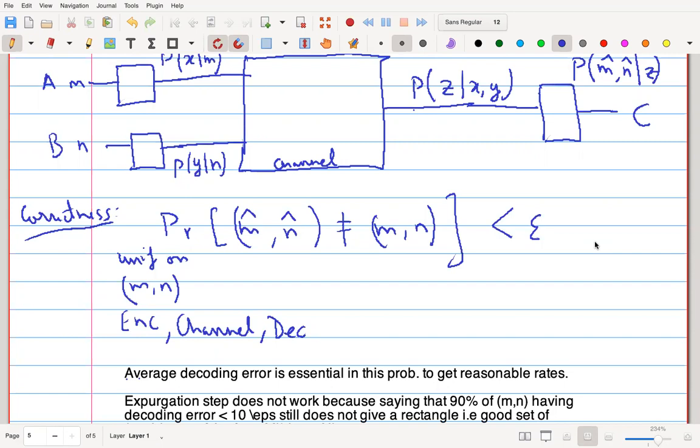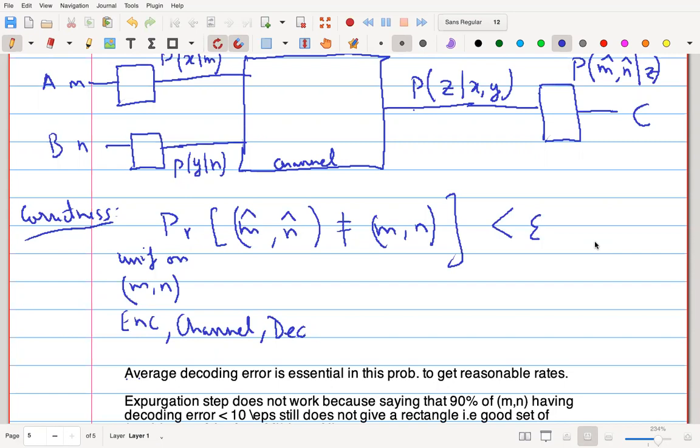Is it not known even in the case of information spectrum setting? Information spectrum again doesn't look at the second order rates. The information spectrum is asymptotic, non-IID. This is finite block length. But let me answer from the one shot question.